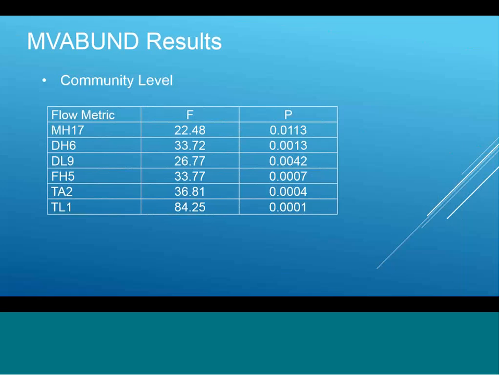Next slide, please. One of the outputs of the MB Abund analysis was that we got which of the flow metrics, if you remember, we had 8 at the beginning, were influencing the community structure as a whole. So we get a community level response, and we see that 6 of the flow metrics were significantly affecting the community. Next slide.